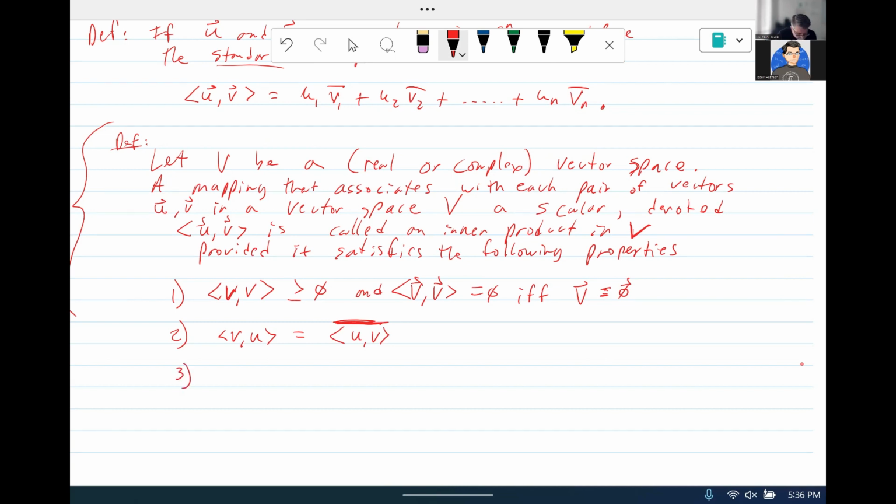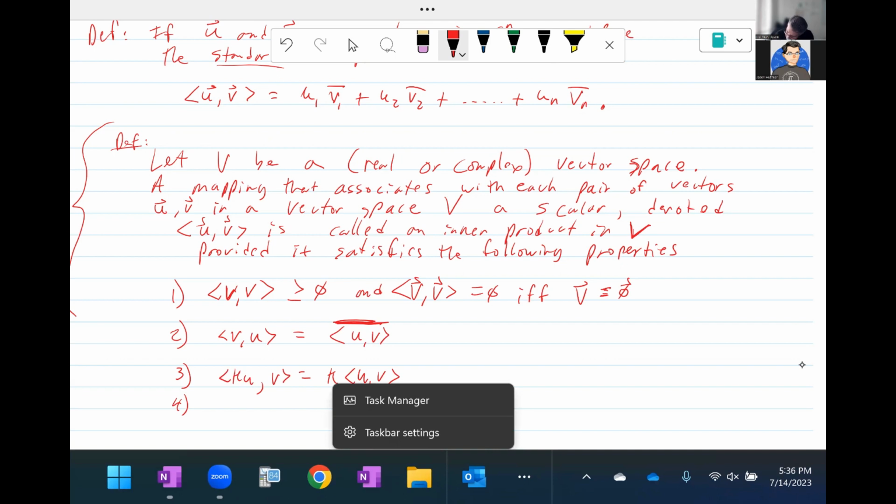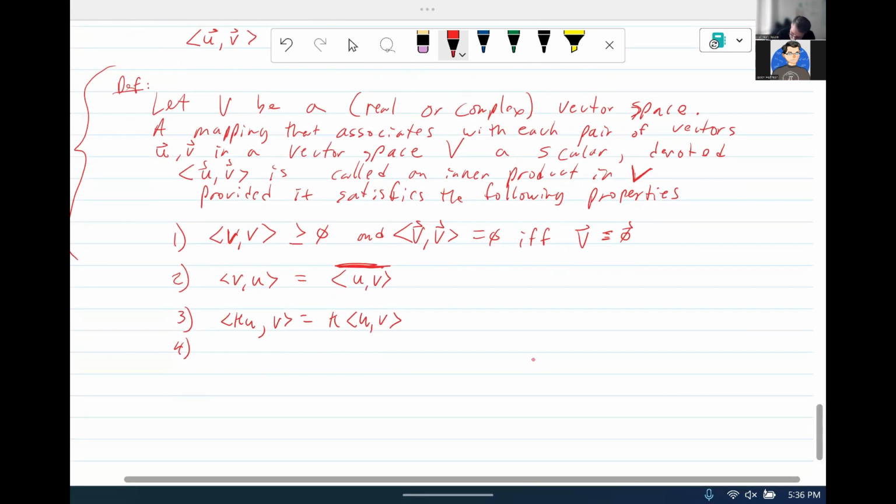Number 3. KU V is equal to K UV. And 4. U plus V with W. I should probably be putting vectors on all these things, but you get the idea.